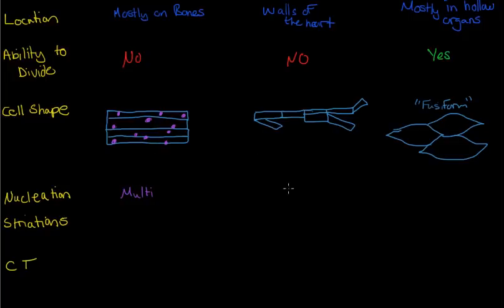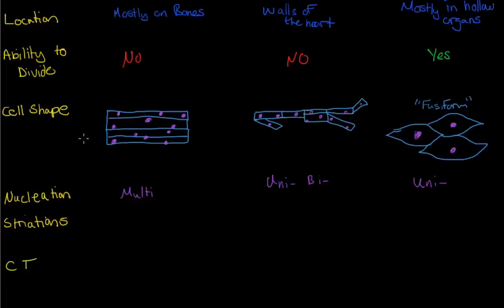For cardiac tissue, it's going to be uni or binucleated. On the bigger ones, you're probably going to find more than one nucleus. And then with smooth muscle, they're all uninucleated. So you're going to find just one nucleus per cell.